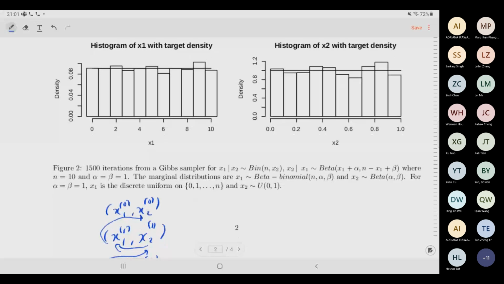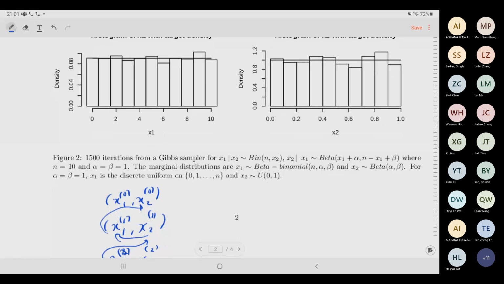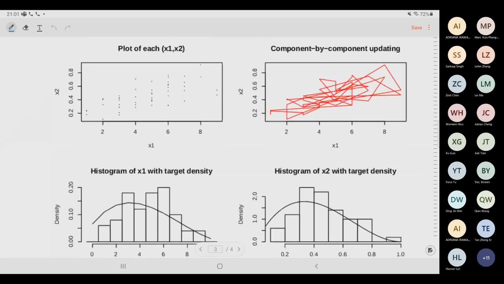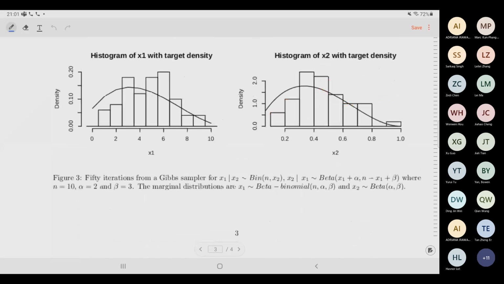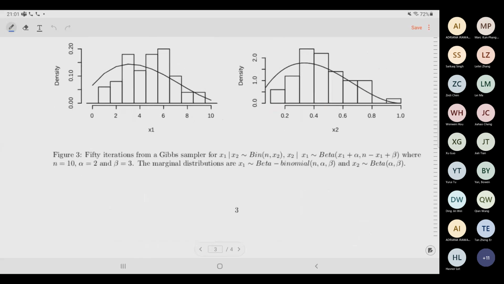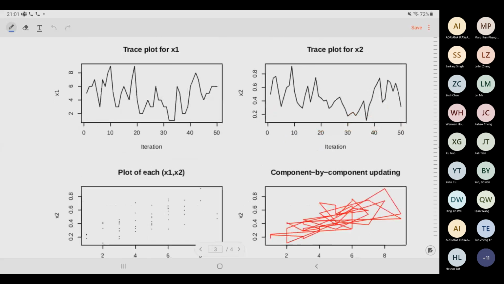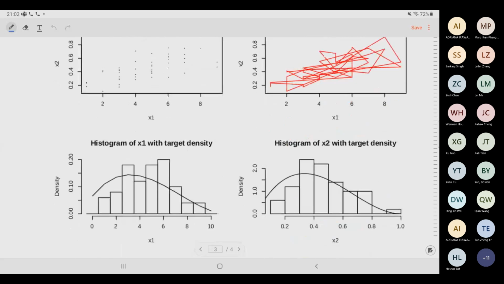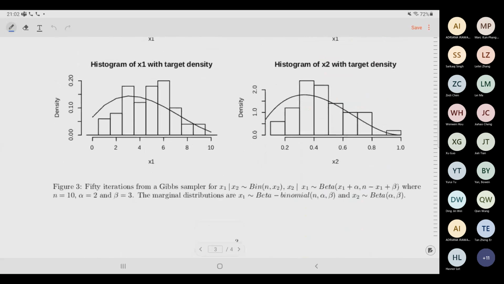Okay, and so this is when your alpha and beta are equal to 1. Okay, and if you have alpha equal to 2 and beta equal to 3, you can see here that the marginal is actually a beta-binomial and beta. So you have a curve here, right?